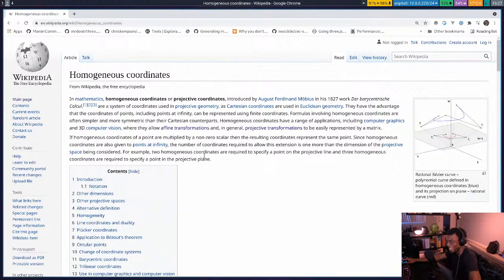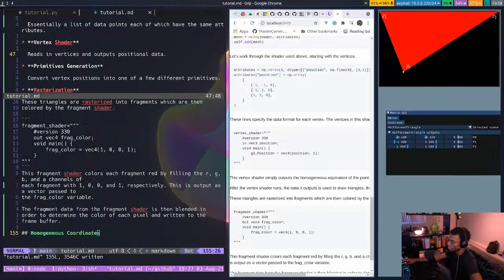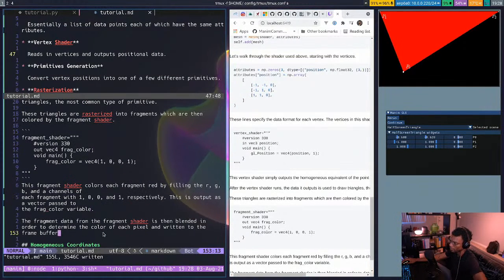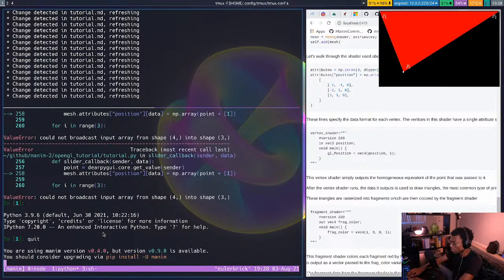Maybe, I don't know. That sounds like something that could be useful. They do allow you to encode translations within transformation matrices, which is extremely useful. So maybe that's exclusively where they're used? That could be the case.